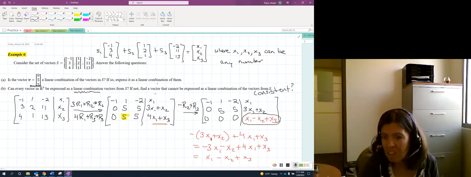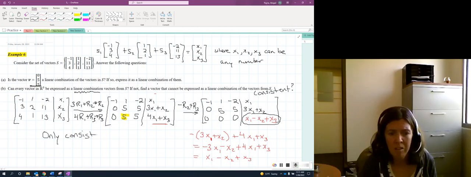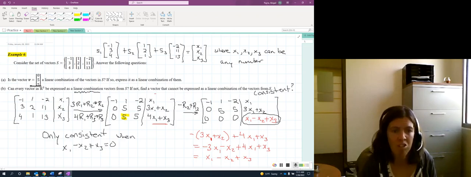And the answer here is no. This system is only consistent, let me write it down here, when x1 minus x2 plus x3 happens to be 0, which is definitely not the case for just every vector in R3. The answer there is no.